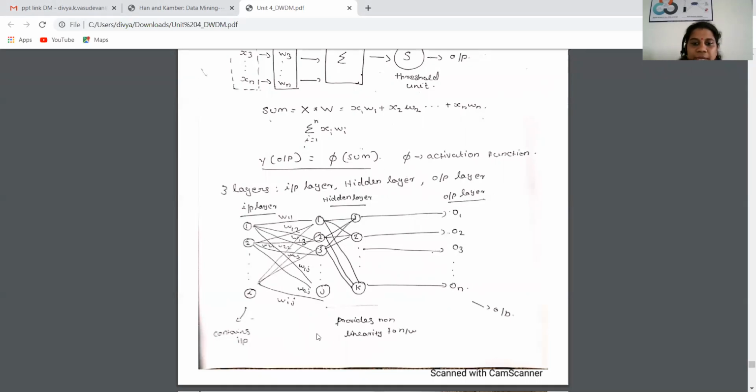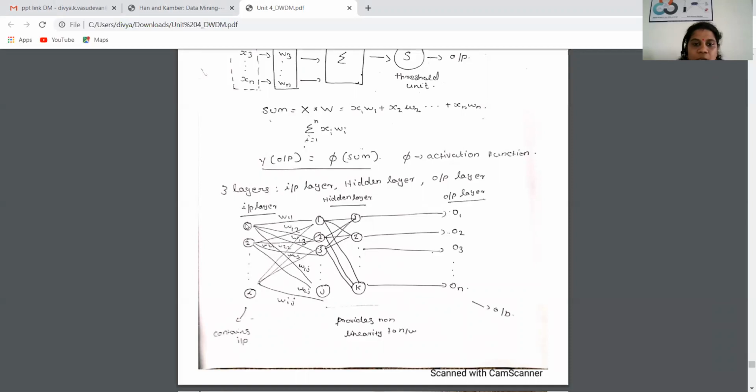Now coming to the hidden layer: based on the application, the neural network can have multiple hidden layers. Here in this example, two hidden layers are shown, 1, 2, 3, etc., J, and another one 1, 2, etc., K. All these units, input units, output units, and hidden layers, are connected through weights.